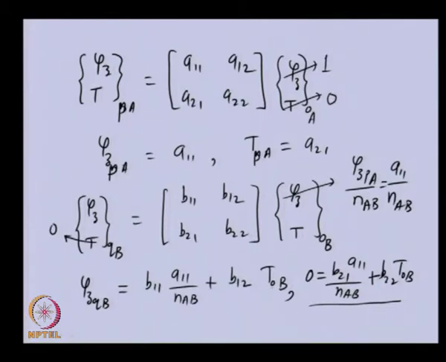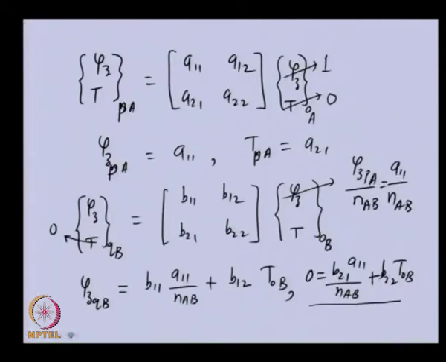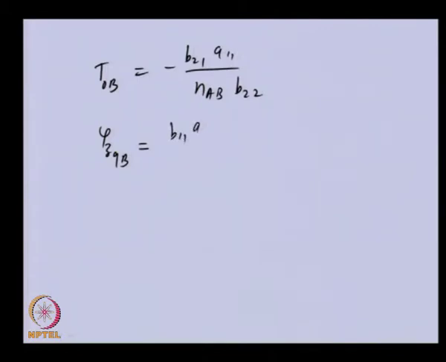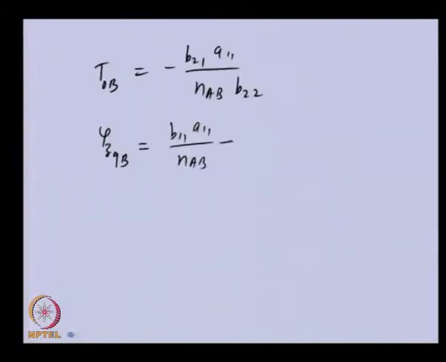So, we can get the phi ZQB as B11 A11 divided by NAB, then B12, and this T naught B will give us minus B21 A11 divided by NAB B22.